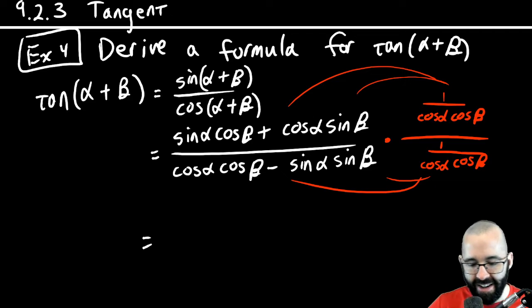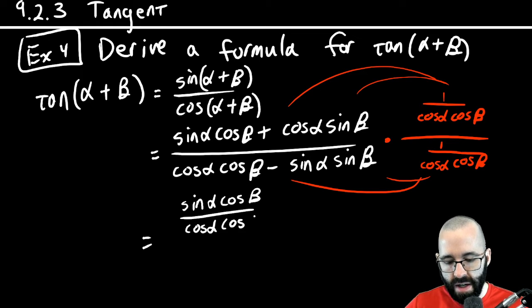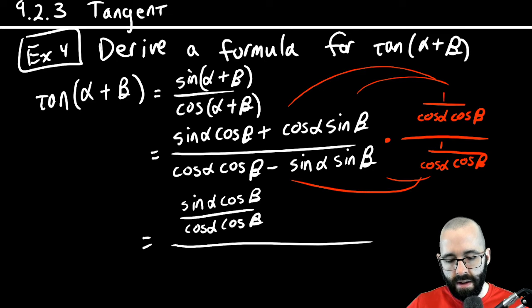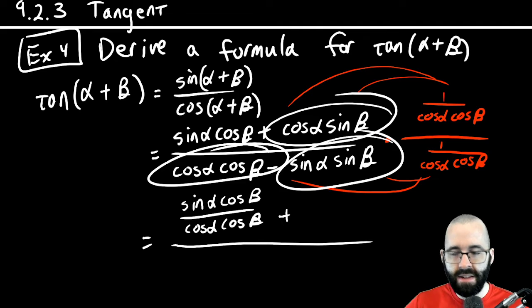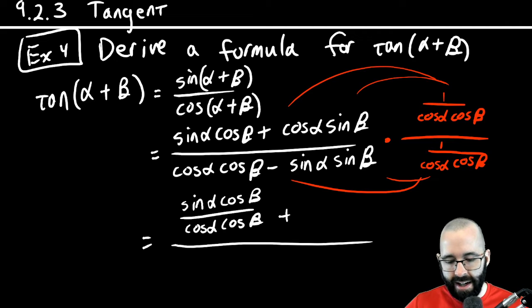It'll get better later. So we have sine alpha cosine beta, just like before. But now that's getting divided by the cosine of alpha times the cosine of beta. And we just do that for every one of these. Every single one left is getting divided by cosine alpha, cosine beta. So we just gotta get to work and copy it all down.